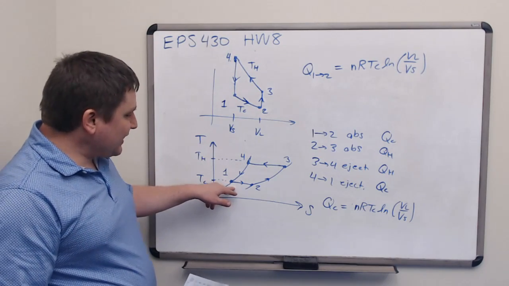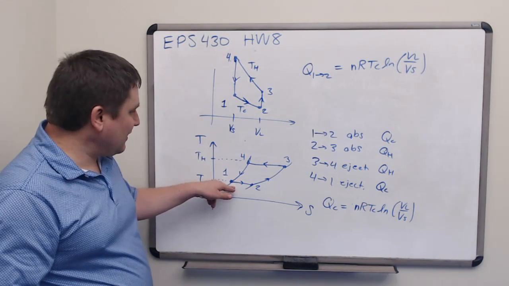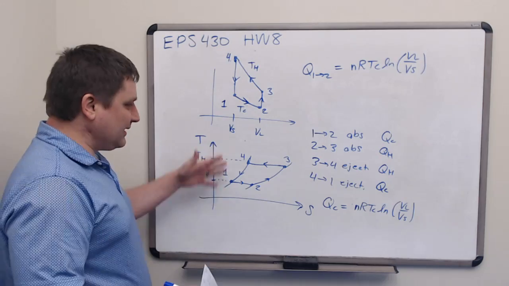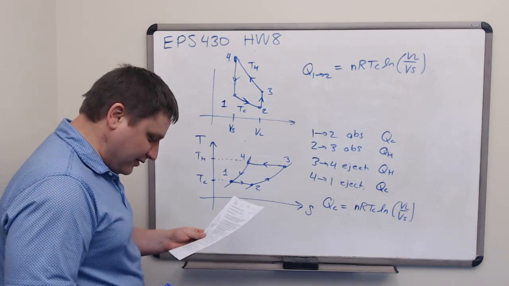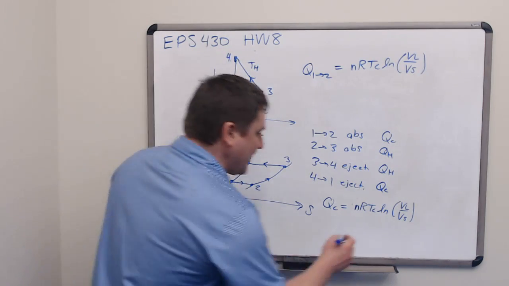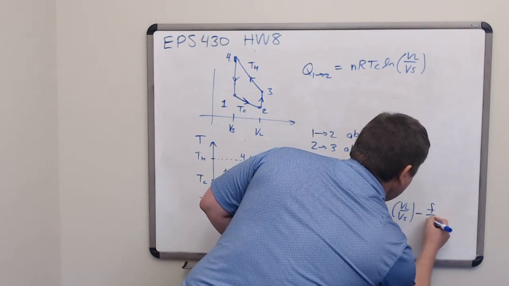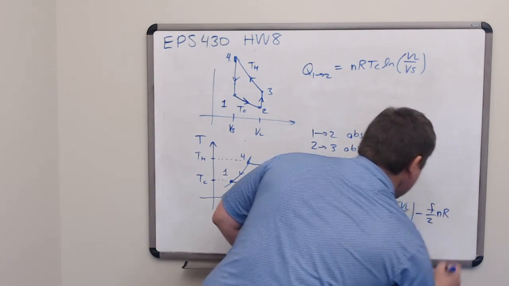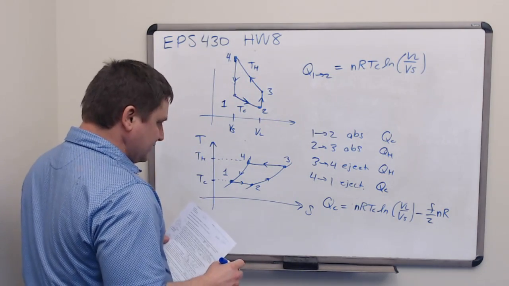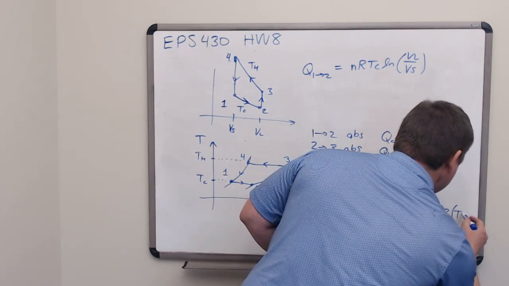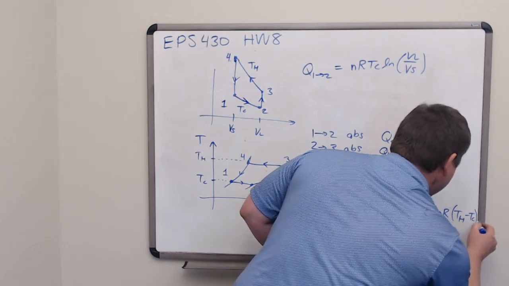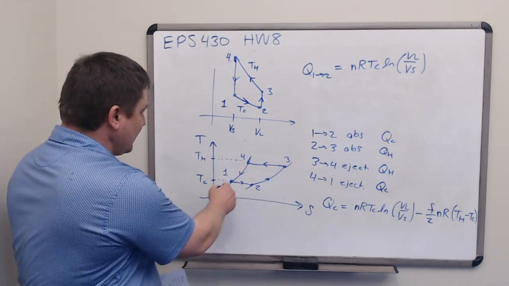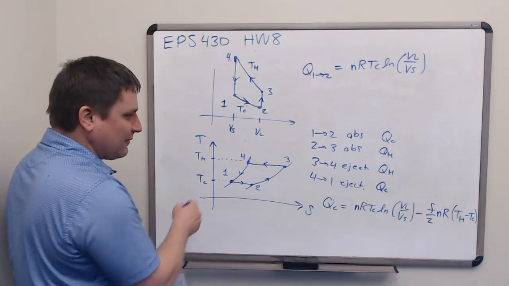But then we got this negative contribution from 4 to 1. It's not what we want, but we hope that the refrigerator works anyway. So we have to subtract F over 2 nR times the temperature difference, TH minus TC. That's the heat value for this isochoric step from 4 to 1.